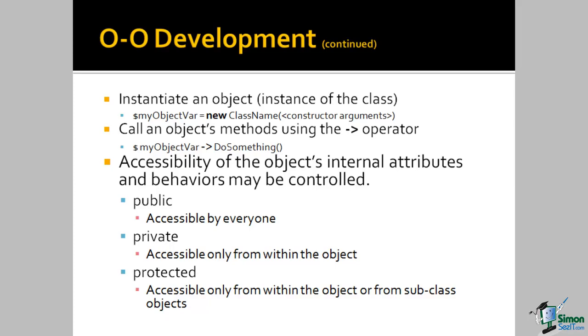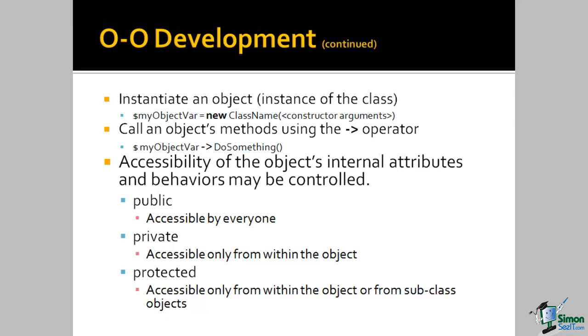This is very similar. We are creating an object using the new keyword. The PHP preprocessor actually creates this software construct for us and then passes back a handle to that object that we're storing in this case, the myObjectVar variable.